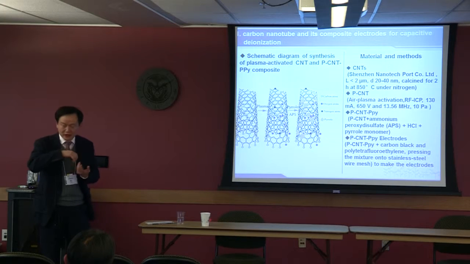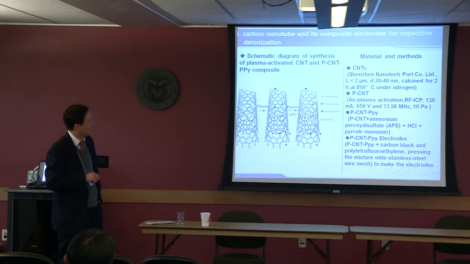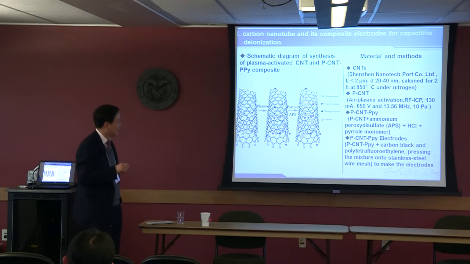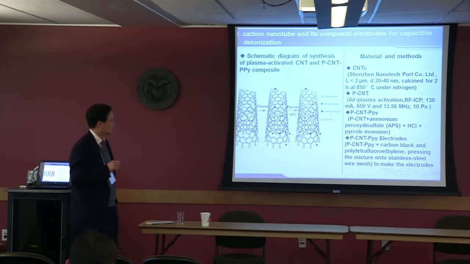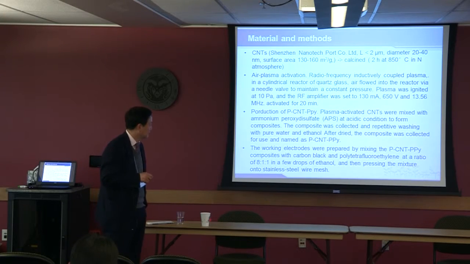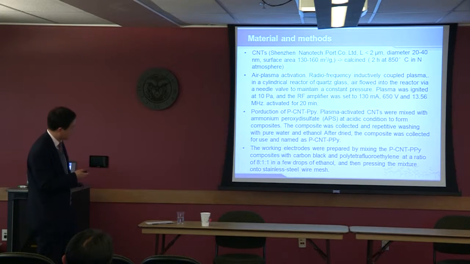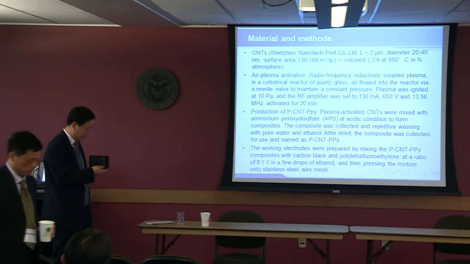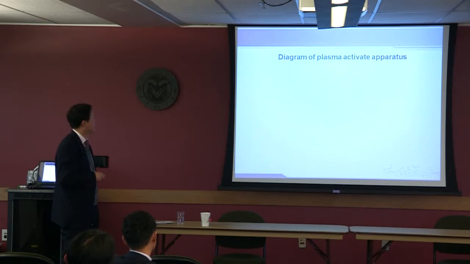We stir them for 1 or 2 hours. Then let them precipitate and get the composite. Here are the details of the procedures. There are many details, but if you're interested, we can discuss later.